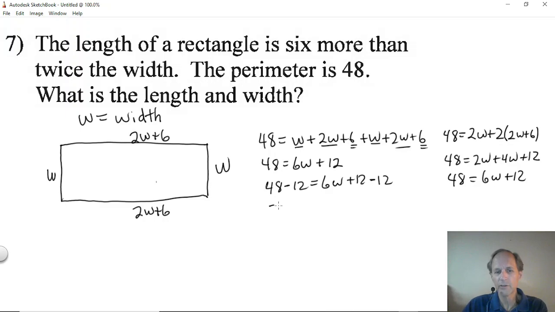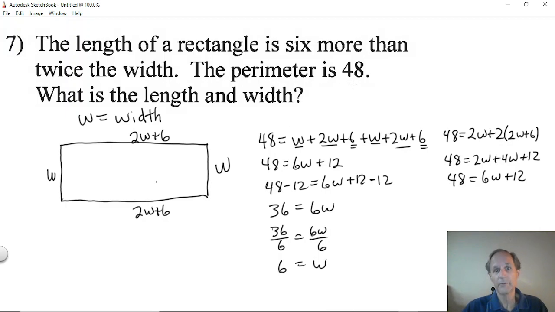48 minus 12 is 36. And this is 6w. Okay, 12 minus 12 is 0. Then divide both sides by 6. And on the left we get 6. On the right we get w. And so that's it. This problem did not tell what the units are.